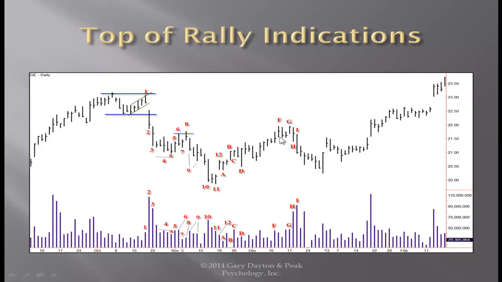But F shows that buyers pushed the market back up, but because of that mid-range close and the pickup in volume, it suggests that there was some selling coming in. And we would be very, very wary of this area because we're back over here into the area of high supply.